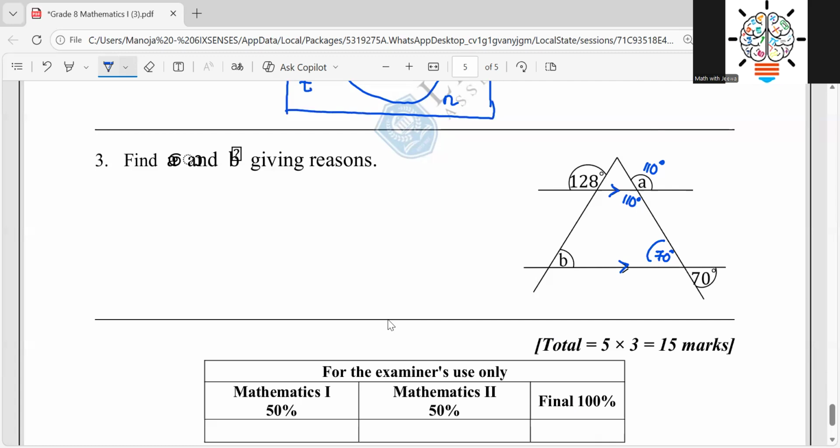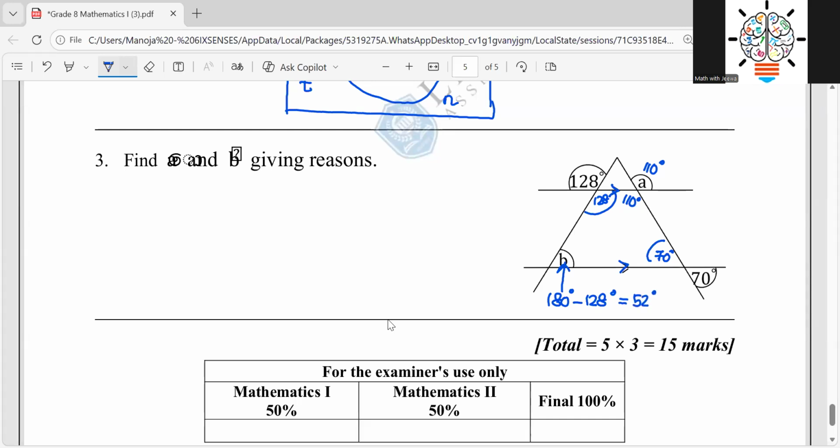Then what else can we find? This is 128. Why is that? The vertically opposite angle. If that is 128, you can find this one easily. 180 minus 128, right? So then the answer is 52, right?